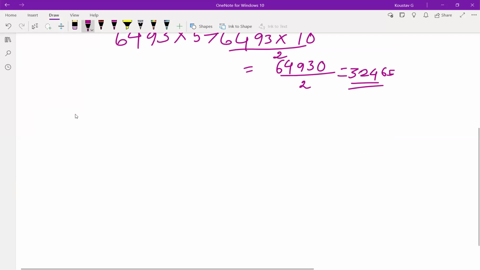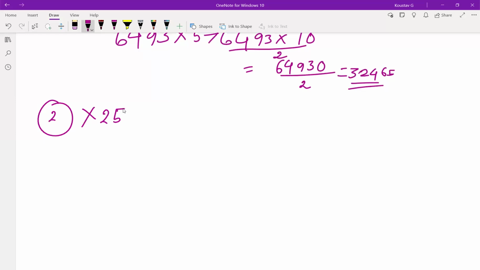Now point number 2. For any number, when you multiply it by 25, you should multiply the given figure by 100 and then divide it by 4.